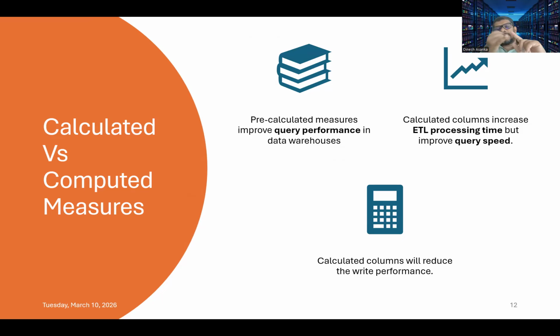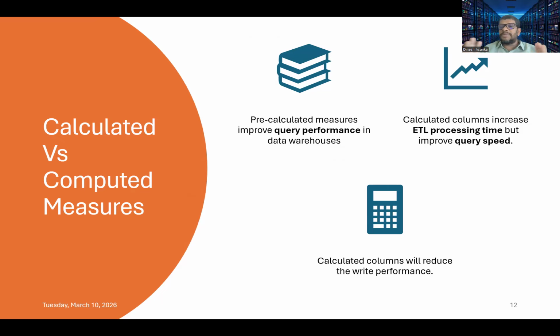For example, if you have quantity and unit price, there will be another measure called amount, which is nothing but quantity times unit price. And there can be another thing called discount, and you will have another column called amount after discount, which is amount minus discount. Then you will have another column called tax, and another measure called net amount, which is the gross amount plus tax. It is not a sin in data warehousing to have different calculated columns in order to improve the performance.